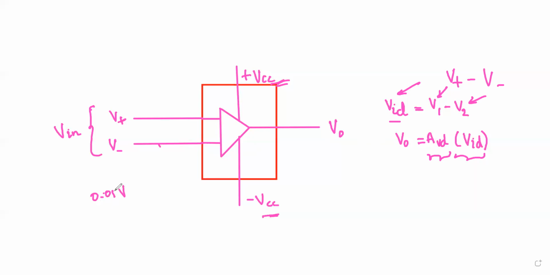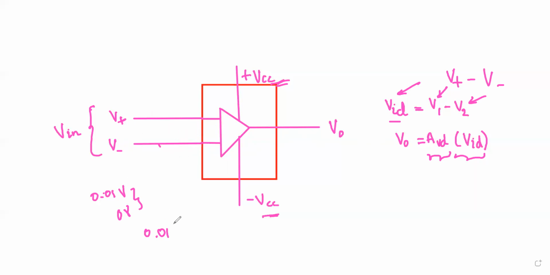Let's say you are providing V plus with 0.01 volts and V minus with 0 volts. To calculate the output, you simply deduct these two and you get a value of 0.01. Always remember we deduct from plus to minus. So that's how an op-amp works.